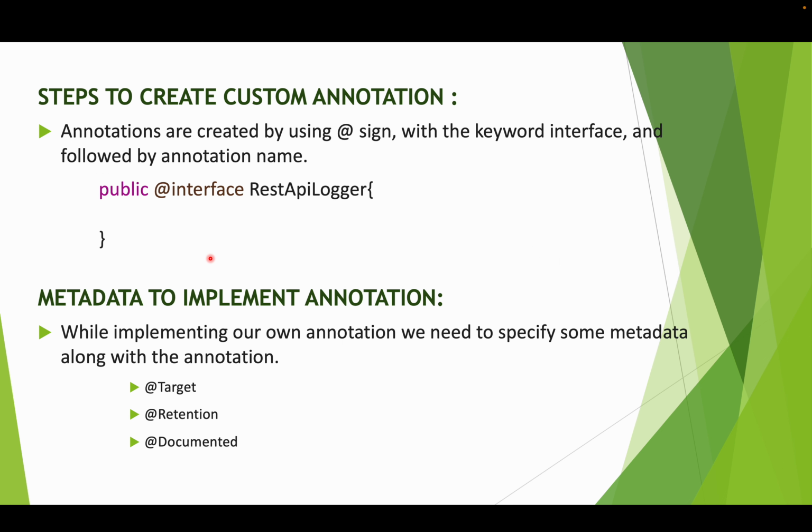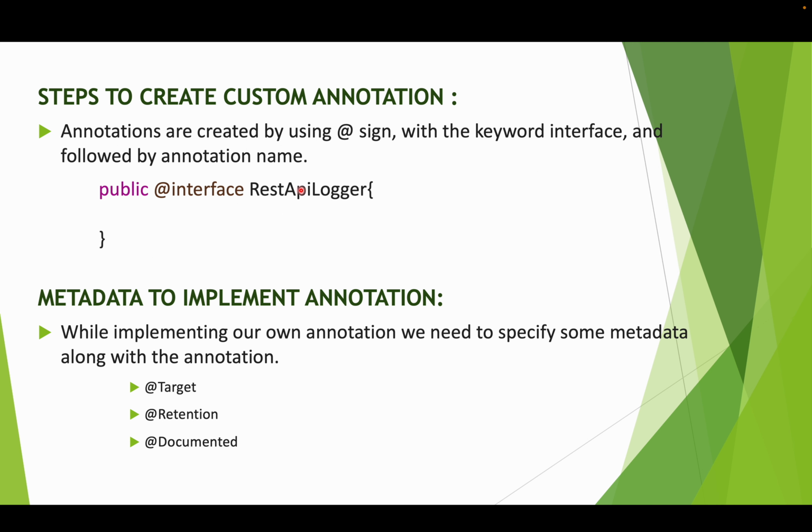So, how can we create a custom annotation? As we know, annotations start with the @ sign. Similarly, the custom annotation that we are going to create will also have this @ sign. Annotations are created by using this @ with the keyword interface, followed by the annotation name. This is the name that we are giving to the annotation.